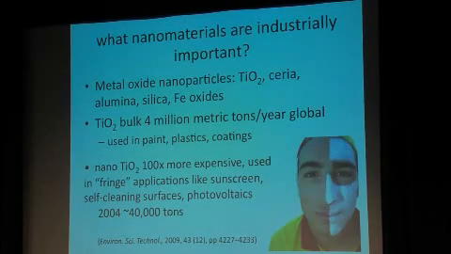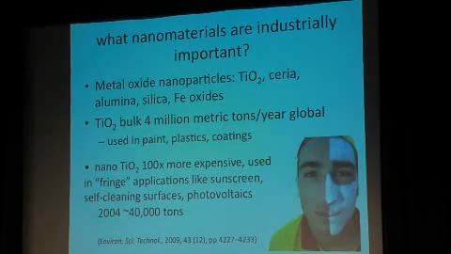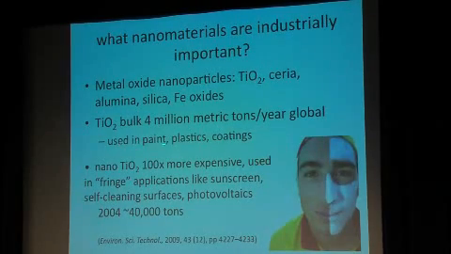Bulk titanium dioxide is a major industrial chemical. It's used in paint, plastics, and coatings to give a white color, and that occurs by virtue of scattering of light. For these applications, you need a particle size that's fairly large compared to optical wavelengths, so these applications are not going to transfer over to nano titanium dioxide.